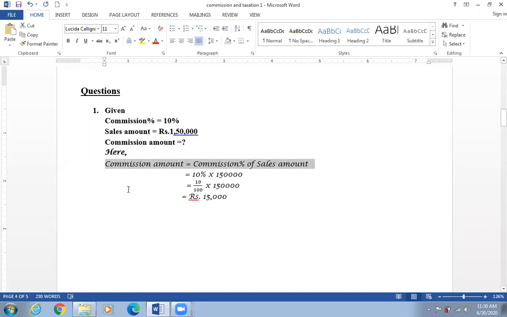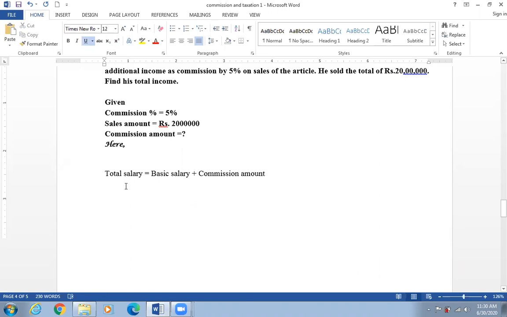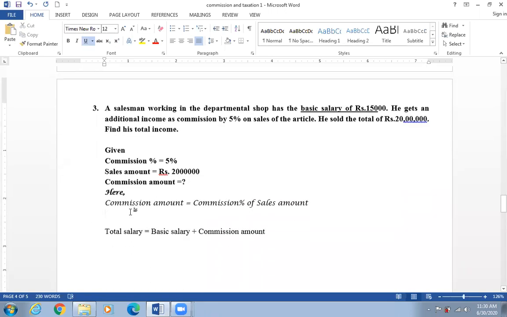Commission amount equals commission percentage of sales amount. So commission percentage is how much? 5% of, what is the sales amount? 20 lakhs rupees.